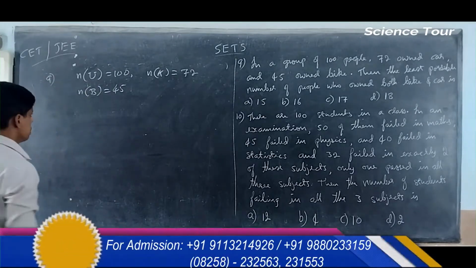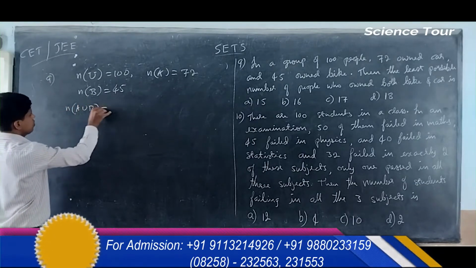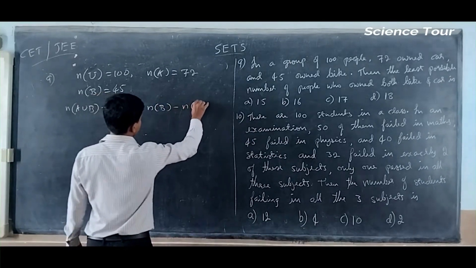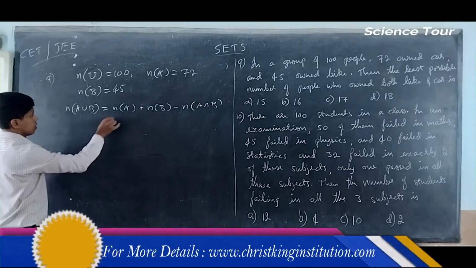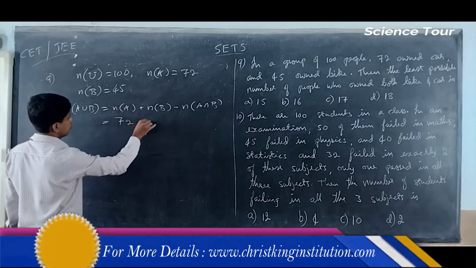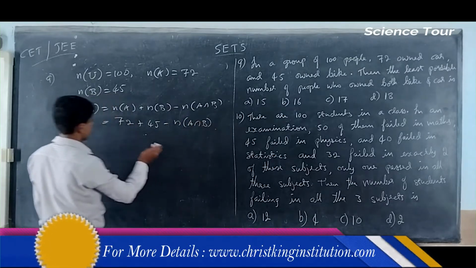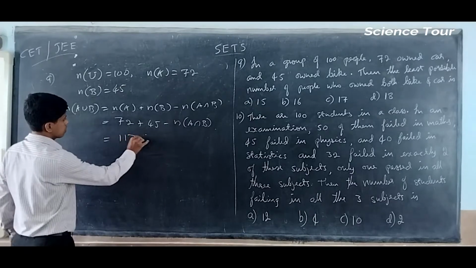So exactly the same question. You have n of A union B, that is n of A plus n of B. You know this formula very well now. So n of A is 72 plus 45, so you have 117.